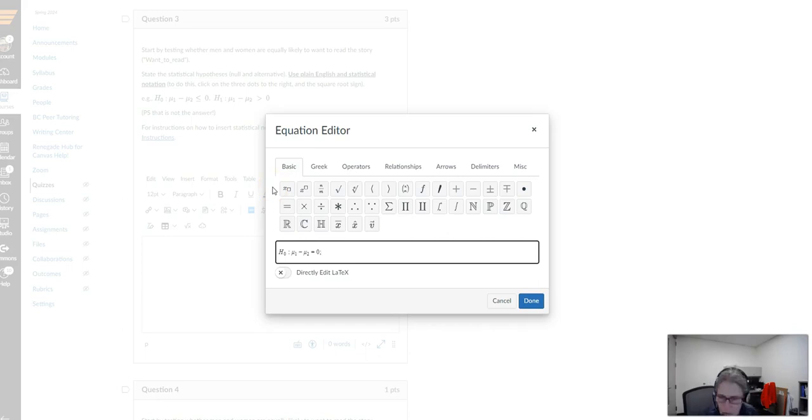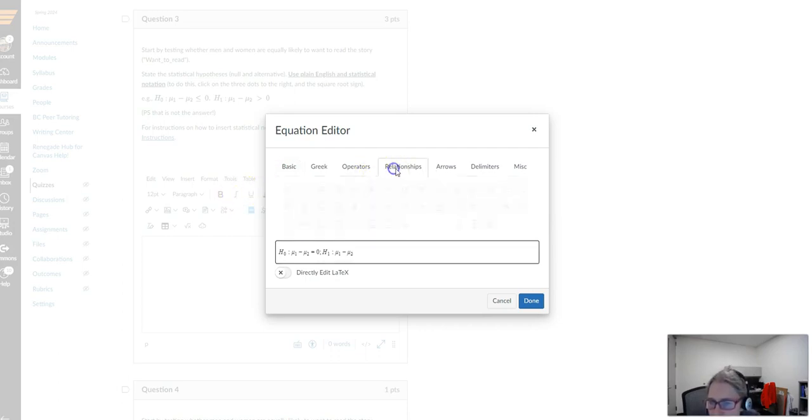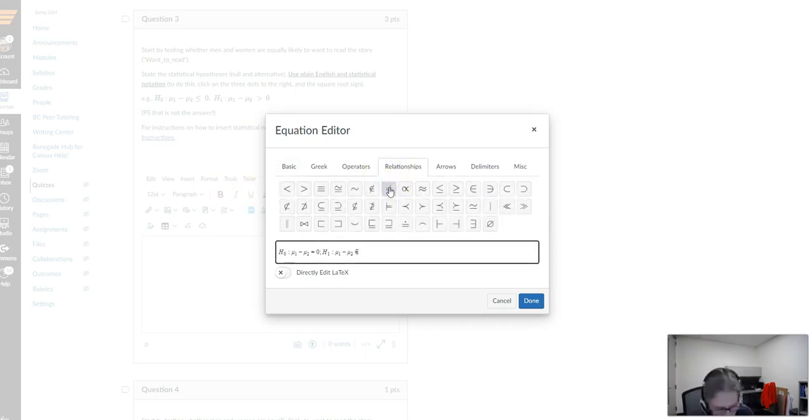Next, we'll do our alternative hypothesis. H, subscript 1, or A is correct, right arrow, colon, the same thing we did before, mu, subscript 1, right arrow, minus mu, subscript 2, right arrow. Now we're going to need to go to relationships and select not equal to 0. Hit done.